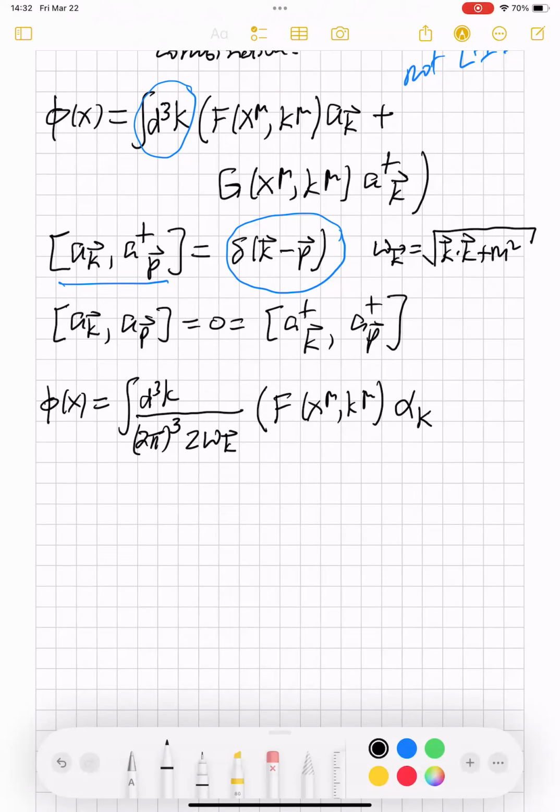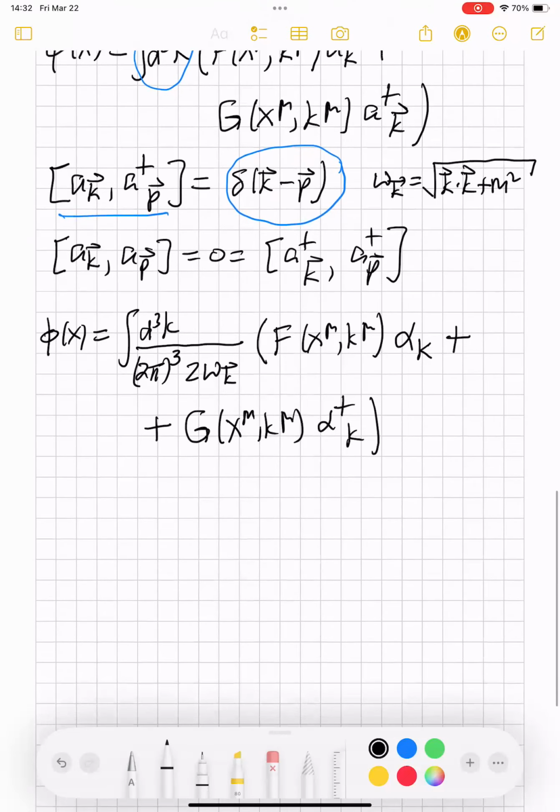So always the indices of our 4 vectors have been mu's. So I'm writing the alpha there to remind you, a Greek letter again. This is going to be a Lorentz invariant oscillator that all inertial observers will agree on. And here we have G of x mu and k mu, and we'll have an alpha dagger of k.